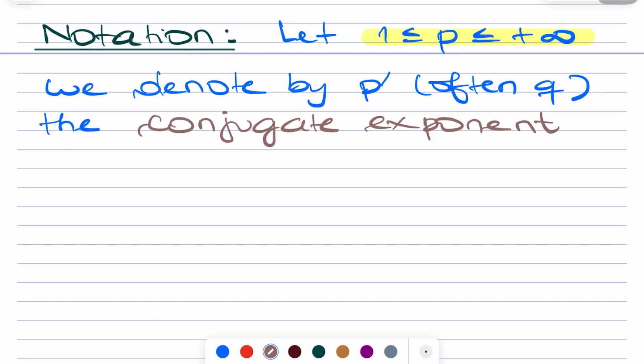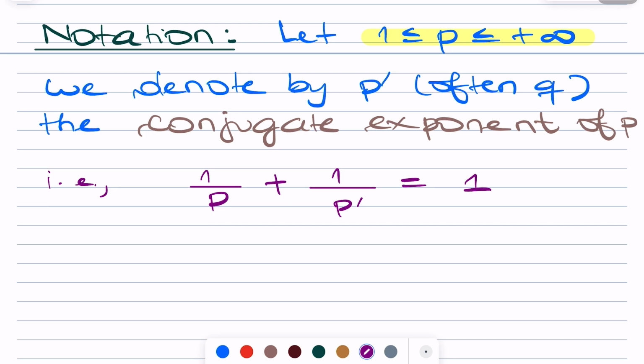So this means 1 over p plus 1 over p prime equals 1. So if this relation is fulfilled, then p prime is the conjugate exponent of p and vice versa.